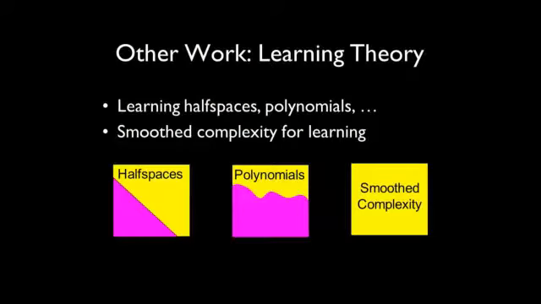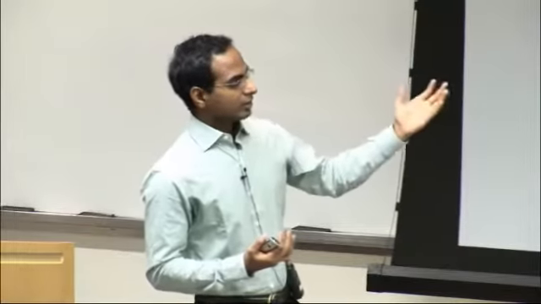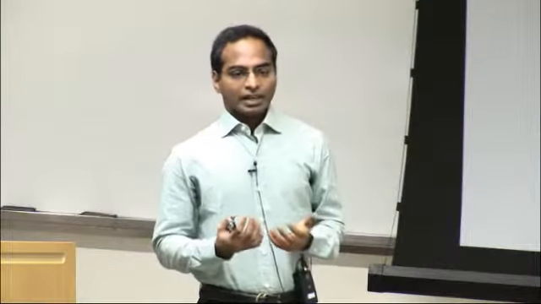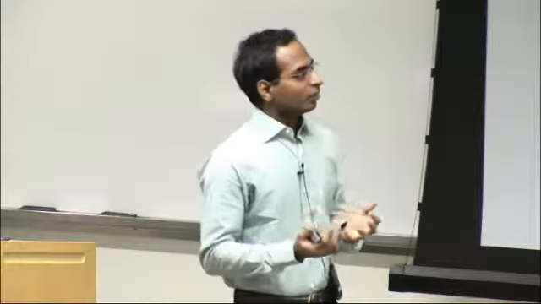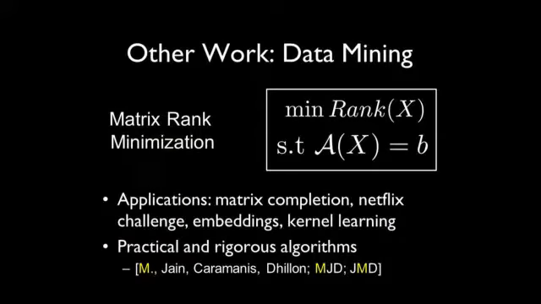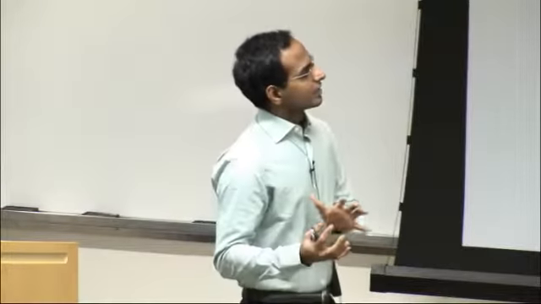And in learning theory, my work has focused on learning half spaces, polynomials, and more recently on adapting the smoothed complexity framework from algorithms to make certain seemingly intractable problems in learning theory tractable. And I've also done work in data mining, where the focus has been mainly on matrix rank minimization problems.